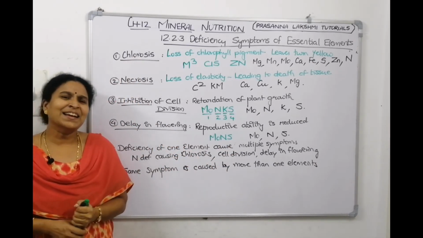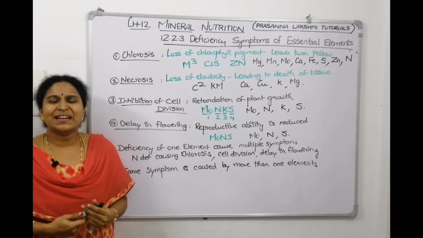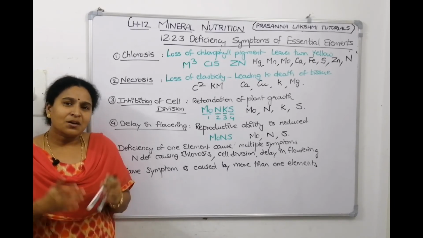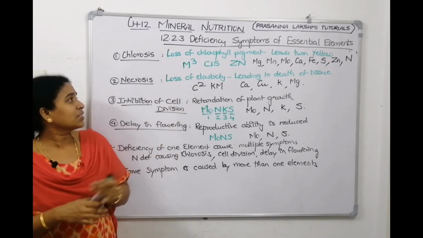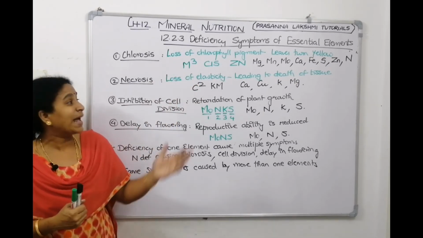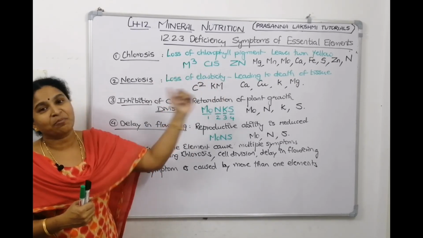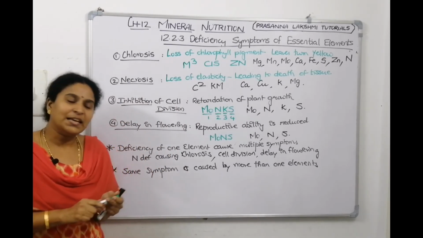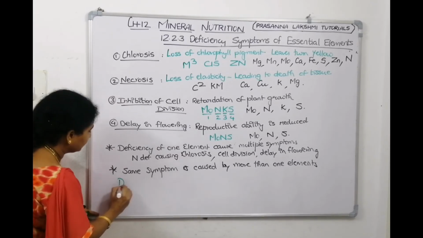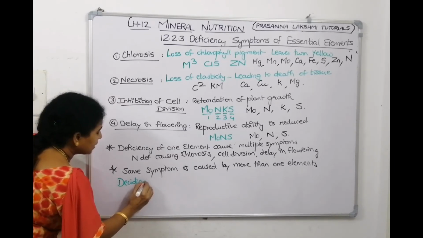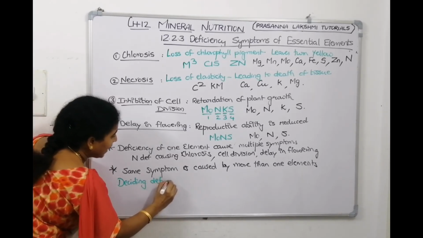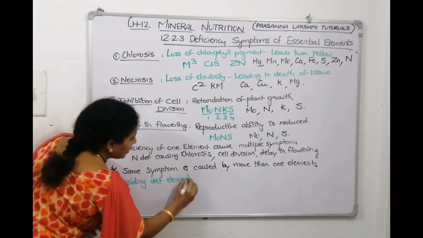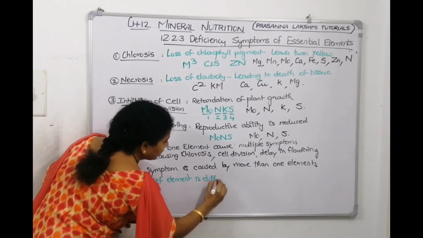So, deciding which element's deficiency it is, is difficult, no? Because you cannot say chlorosis means it's because of magnesium. It can be because of molybdenum also, it can be because of manganese also. So, deciding the deficient element is difficult.